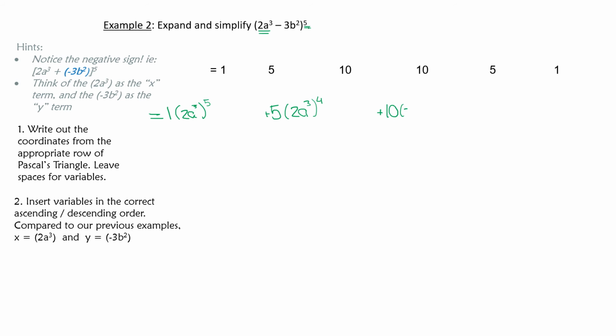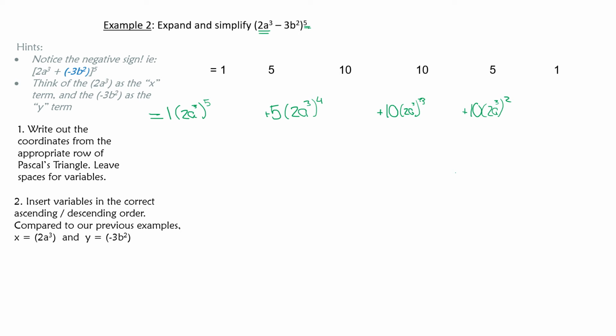10, 2a cubed to the power of 5, power of 3. Another 10, 2a cubed. This time we're at a power of 2. Okay, I'm going to have to go below here.